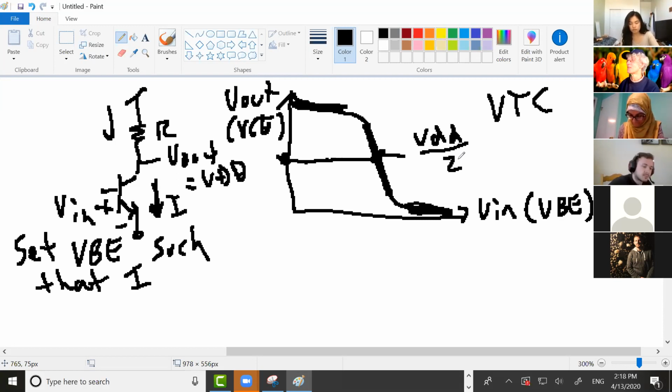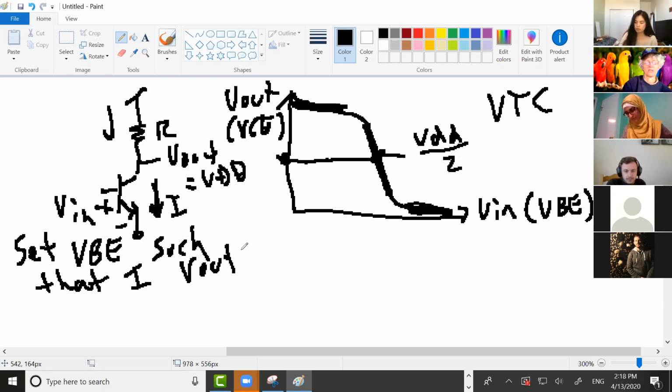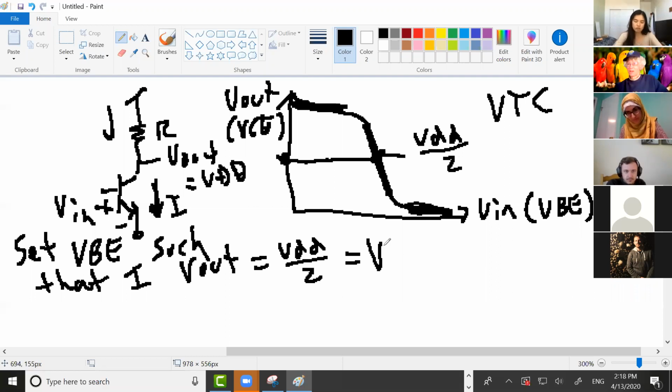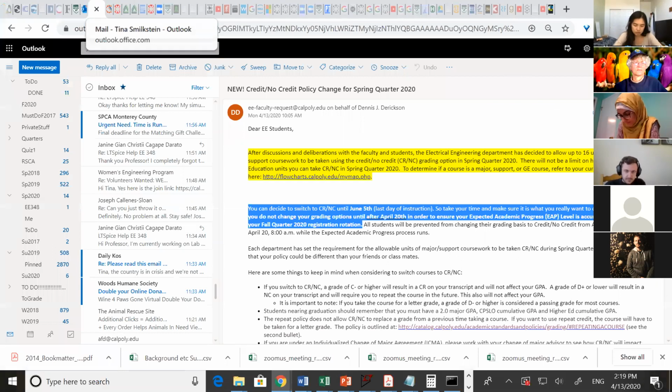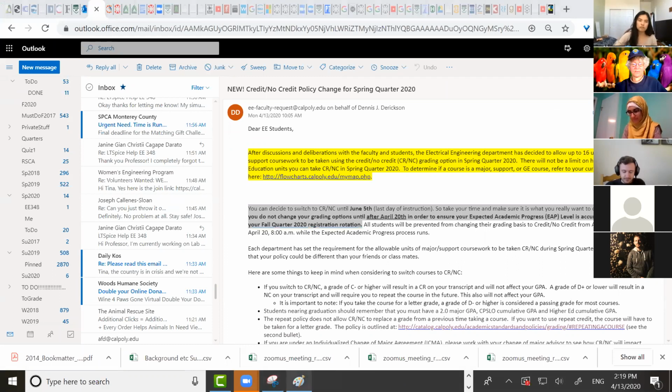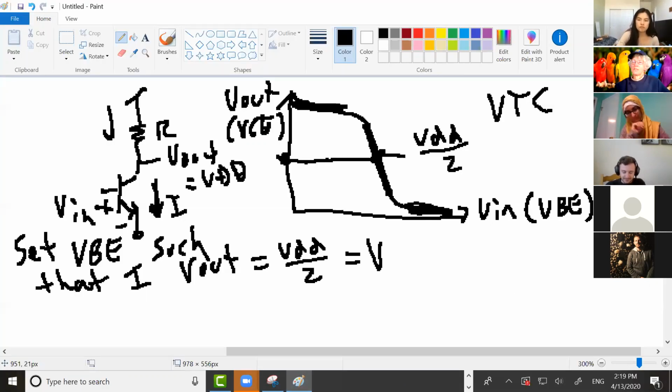This is not where you actually want to set V out, but just for discussion right now, V out is VDD over 2, and you know that is VDD minus I times your R.